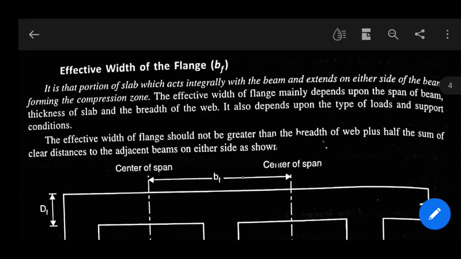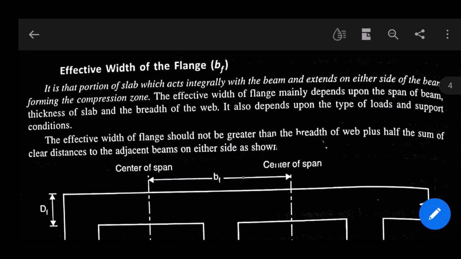The effective width of flange mainly depends upon the span of beam, thickness of slab, and the breadth of the web. Okay, so these three things are the depending factors for effective width. It also depends upon the type of loads and support conditions.